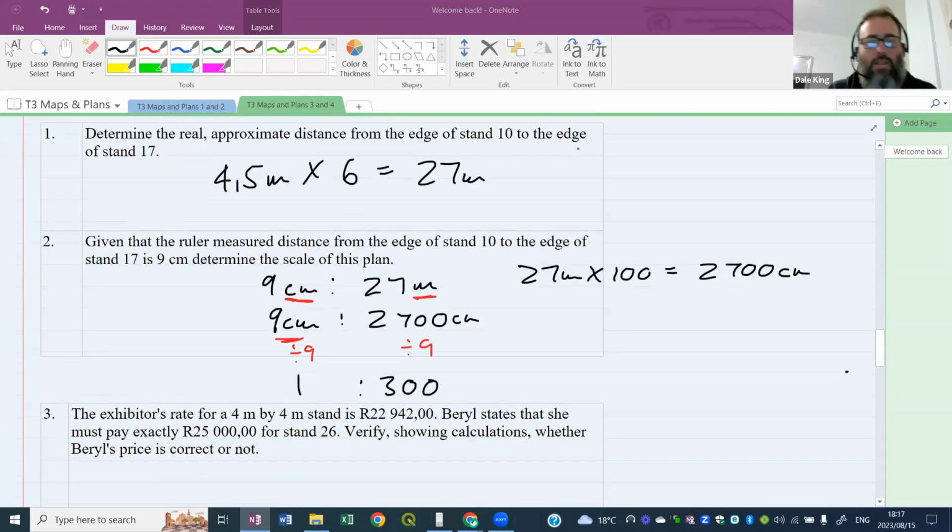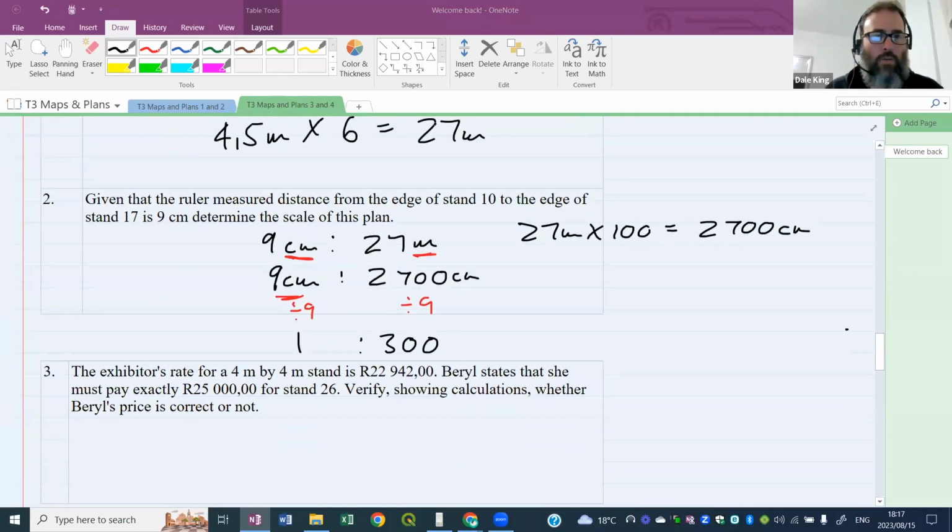The exhibitors rate for a 4 meter by 4 meter stand is 22,942. What kind of an exhibition is this? 22,942 for a 4 meter by 4 meter stand. It's crazy.